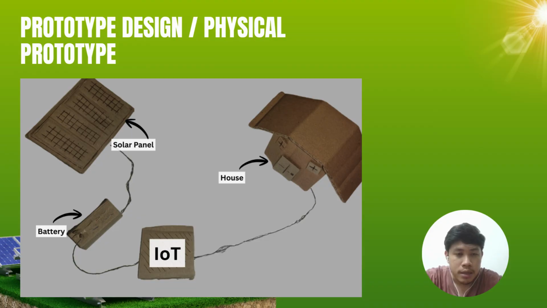And lastly, the connection of all the previous setup, which is from the battery through the IoT module, runs directly to the house, which we can see on the right side of the picture. This home, which is the house of the user, represents the final destination of the electricity, the end of the flow.